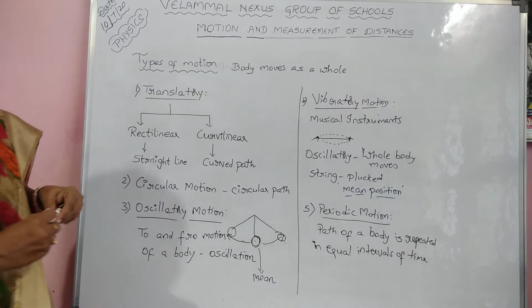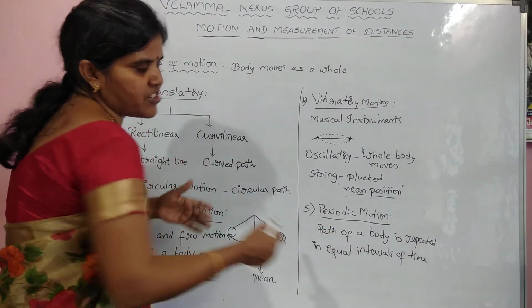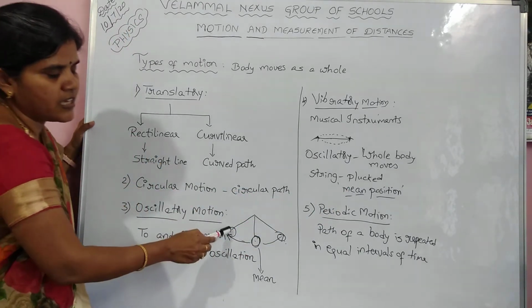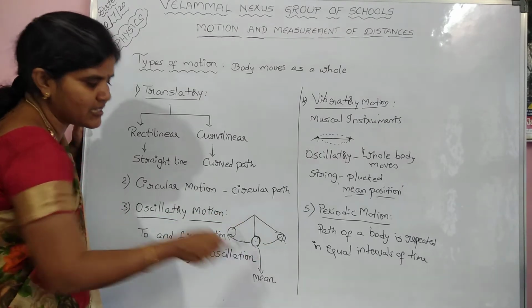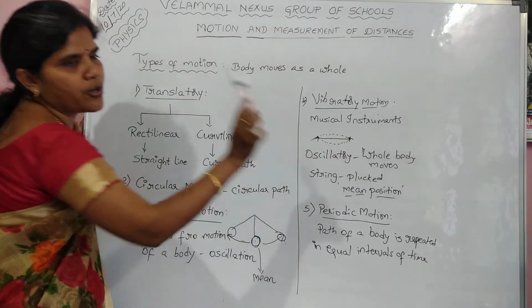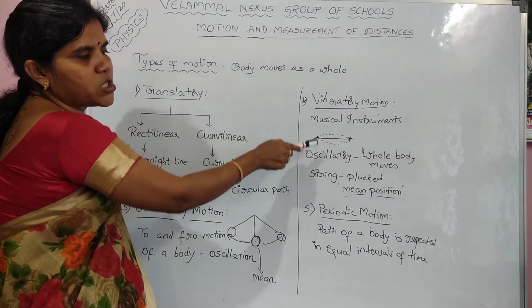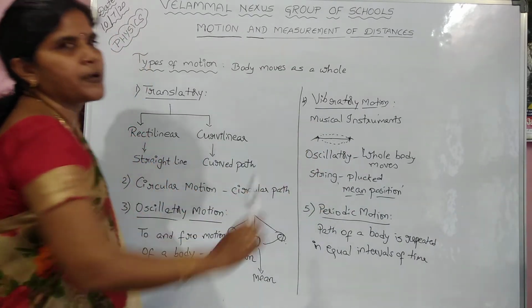Periodic means in equal intervals of time. If the path is repeated, for example, take oscillatory motion. If one oscillation takes 2 seconds, and the other oscillation also takes 2 seconds, then the oscillatory motion is said to be periodic motion. Here, if the time taken for one vibration is equal to the time taken for another vibration, then we also call it periodic motion.